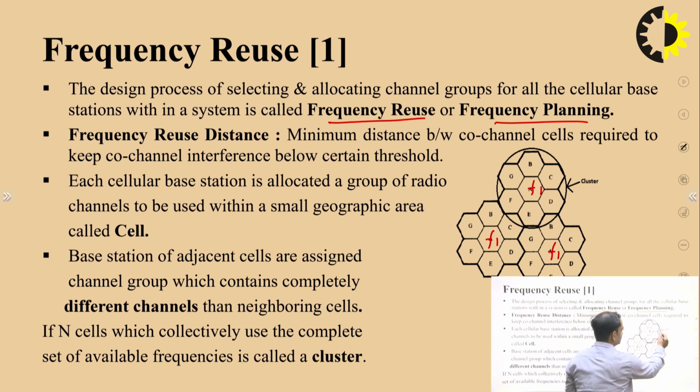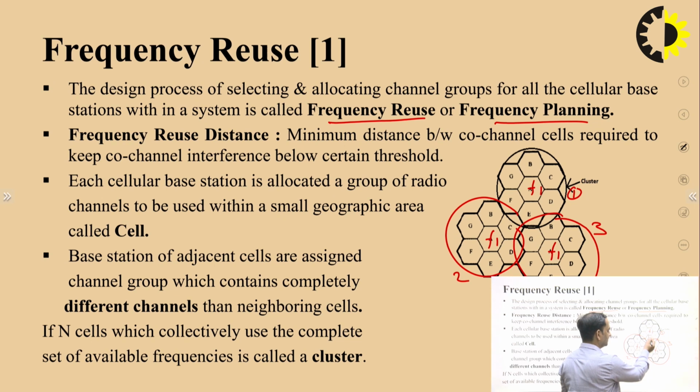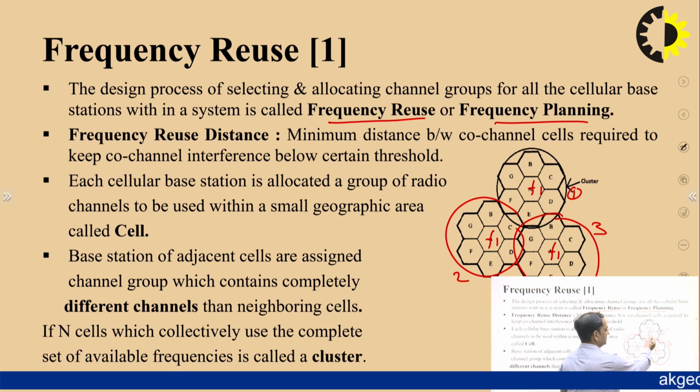This is the first cluster, cluster number 1, this one is another cluster, cluster number 2, and this one is the next cluster, cluster number 3. So we want to plan the frequency management so that the same frequency f1 is used in another cluster. This is the requirement when we do the cellular deployment.